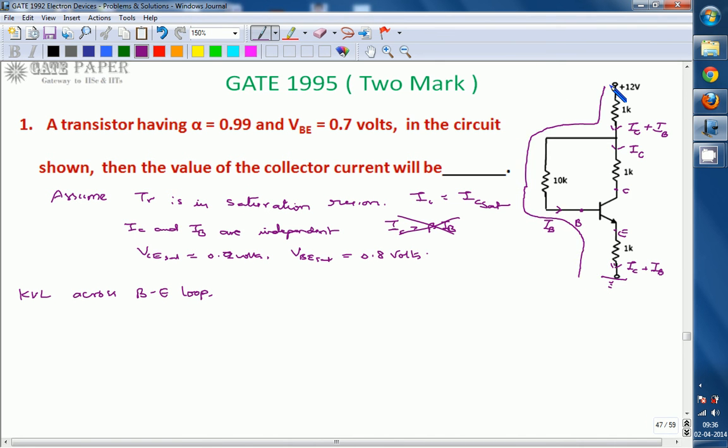The total parameters are 12 volts, the voltage across 1 kilo ohm, the voltage across 10 kilo ohms, the voltage from base to emitter, and the voltage across 1 kilo ohm. All are considered in the KVL.